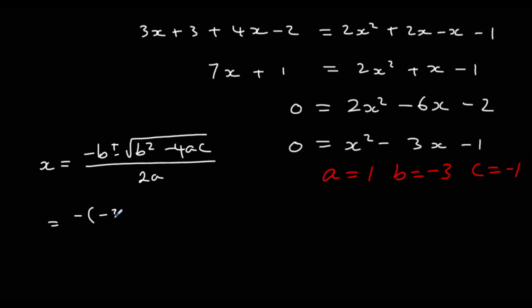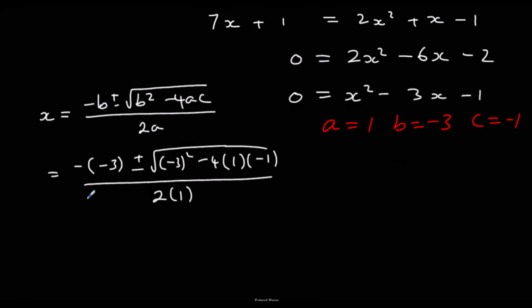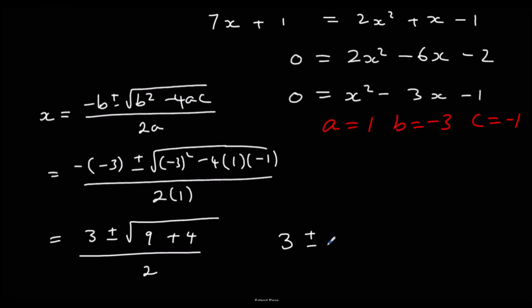So I've got minus 3 plus or minus the square root of negative 3 squared minus 4 times 1 times negative 1 all over 2 1's. So minus 3 is just 3. Negative 3 squared is 9. Negative 4 times 1 times negative 1 is plus 4 over 2. So it's 3 plus or minus the square root of 13 over 2.